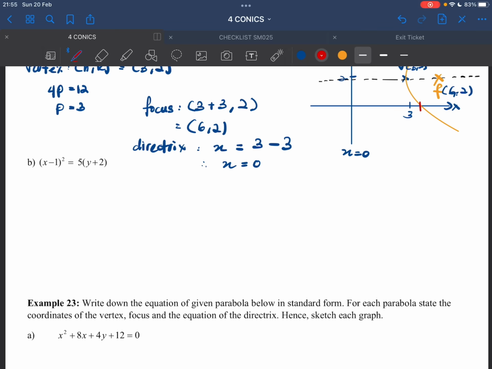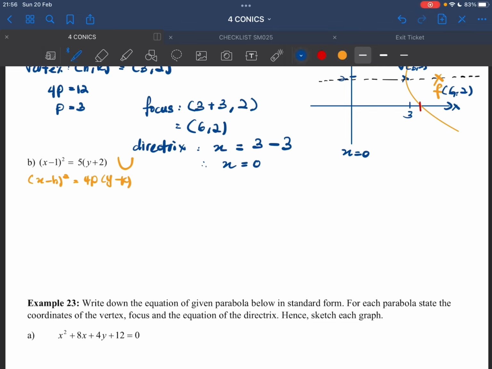Here we have x minus 1 square equals 5 times y plus 2. Here we have x square, so it either opens up or opens down. Since here we have plus, that means this parabola opens upward. Let's compare with the standard equation, which is x minus h square equals 4p times y minus k.